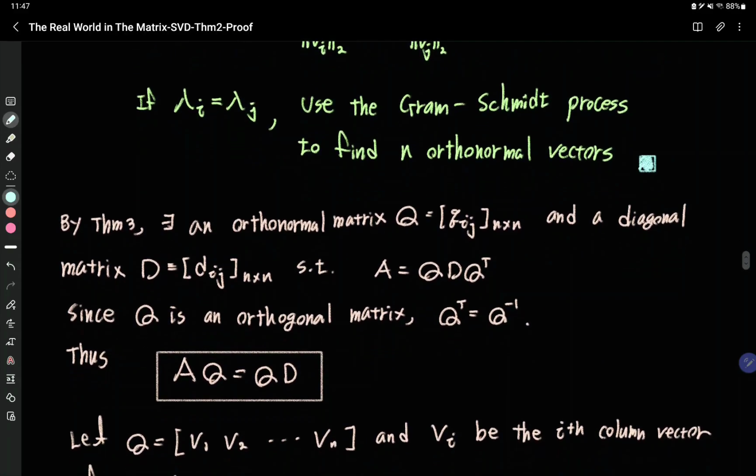So that's why we can say there exists the orthogonal matrix Q and the diagonal matrix D.